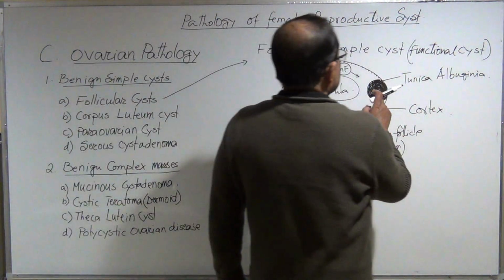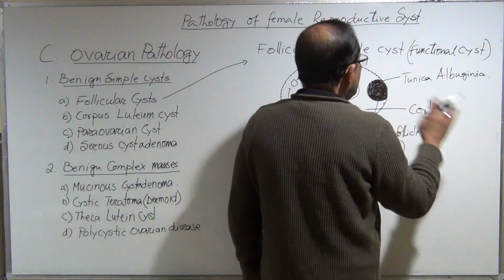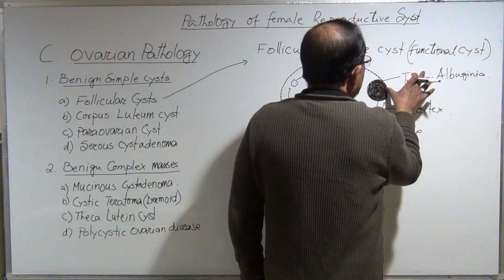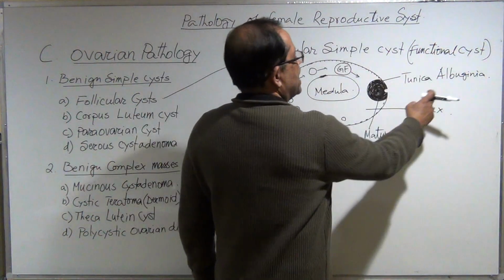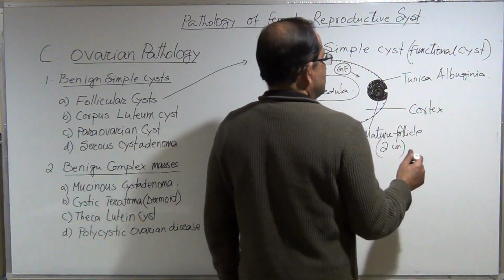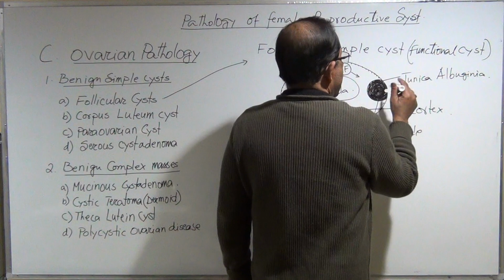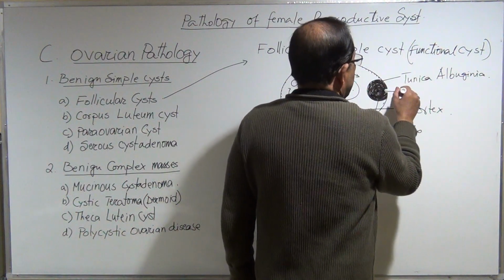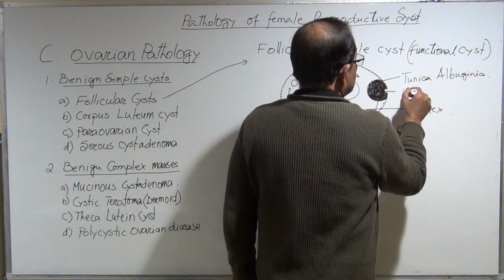So when this follicle is normal and having ovulation, there will be leaking, rupture of the membrane of the tunica albuginea, okay, and then the egg is out.